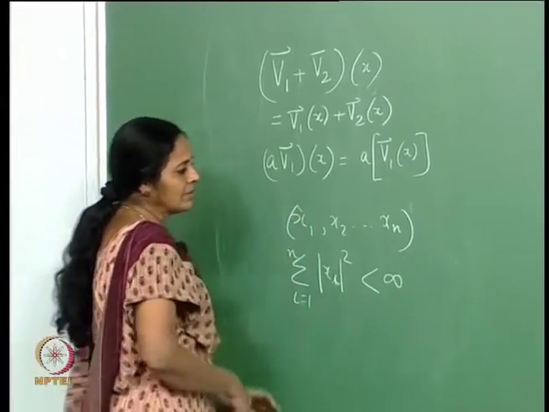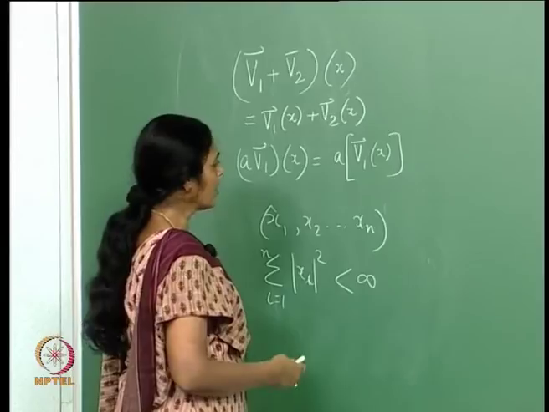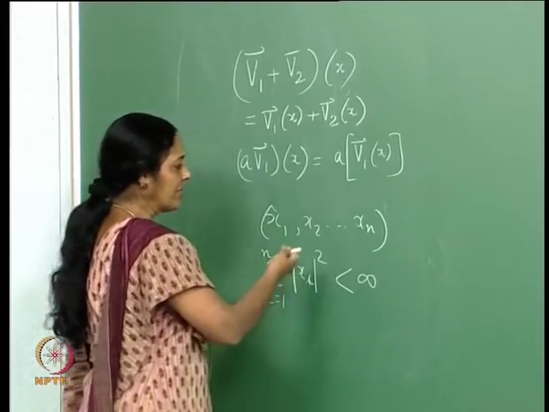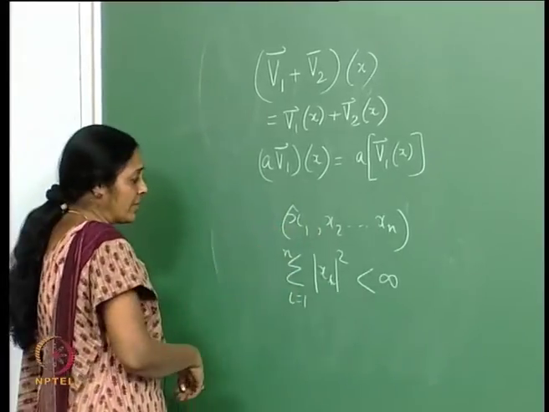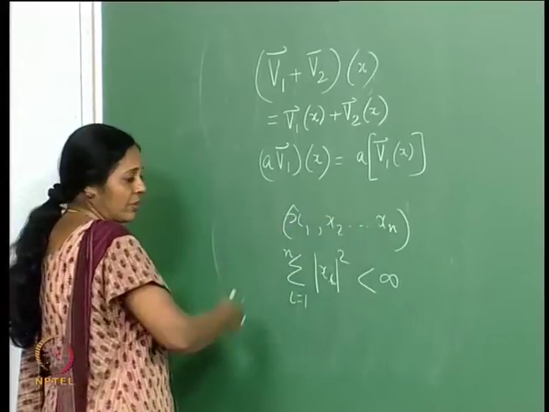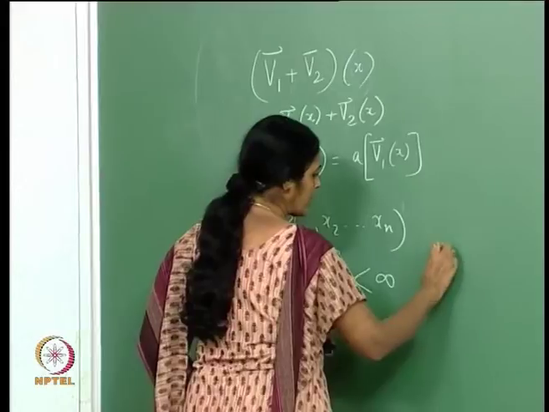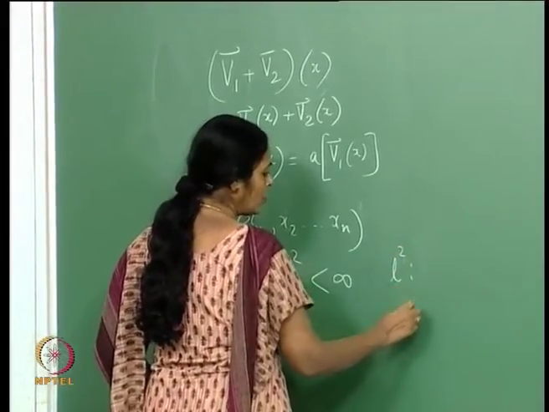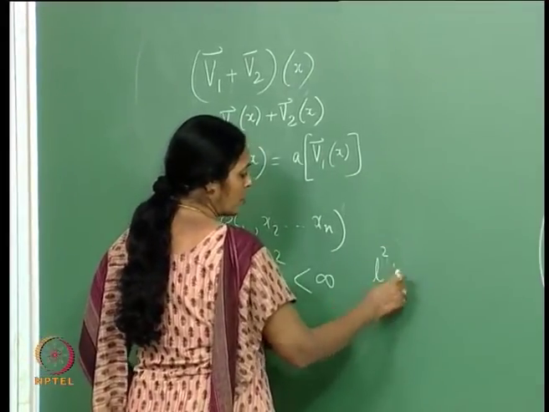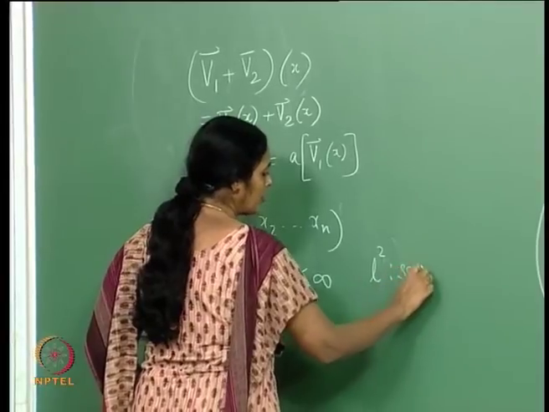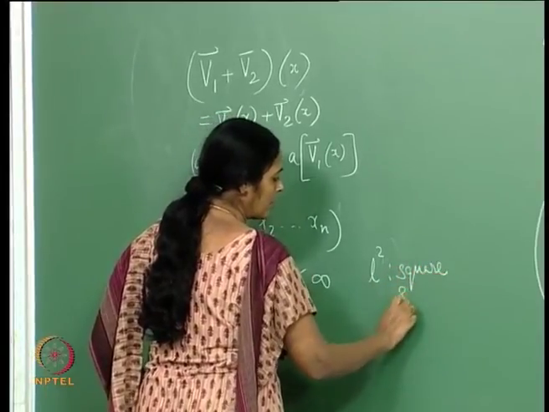With addition and scalar multiplication defined as I mentioned earlier for an n-tuple x1 to xn, this space is a linear vector space denoted by little l2, the space of square summable sequences.